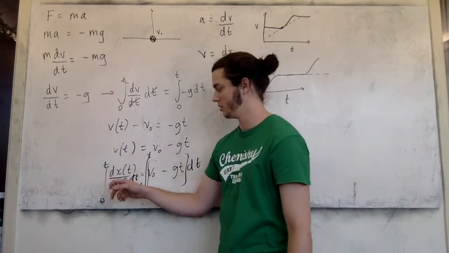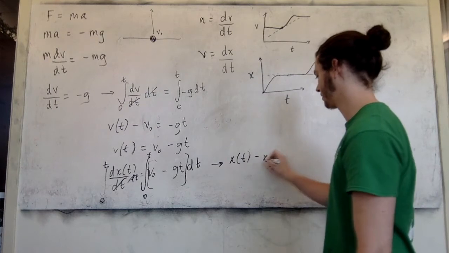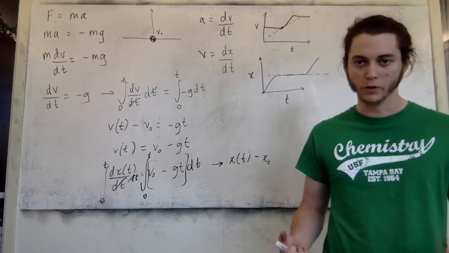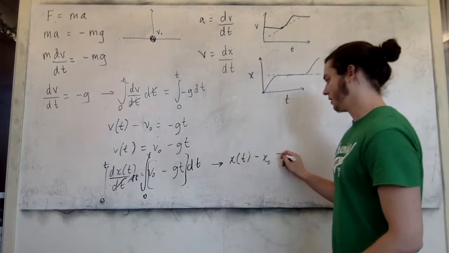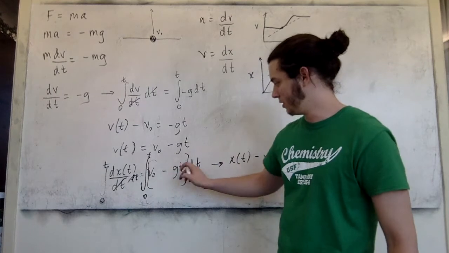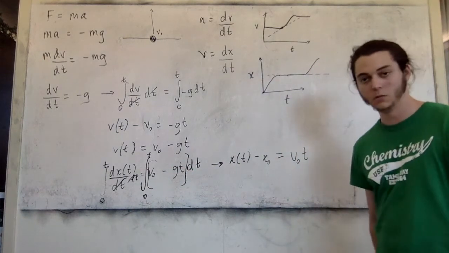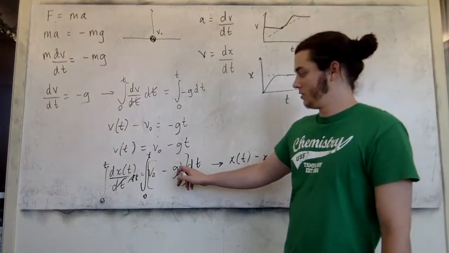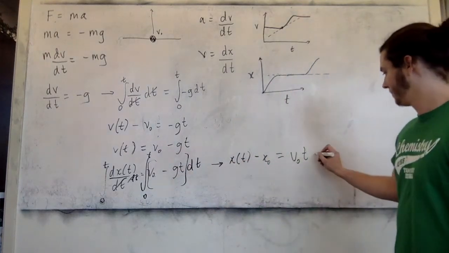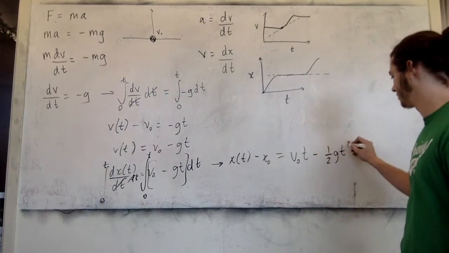So from 0 to t, you get x at time t minus x at time 0. So it's x of 0 or x naught, the original position. That's going to be equal to some constant integrated from 0 to t dt, which would be that constant times t is all. And then this g times t integrated from 0 to t dt, right? So that would be 1/2 g t squared, right?